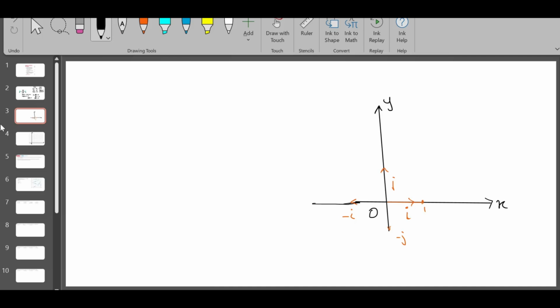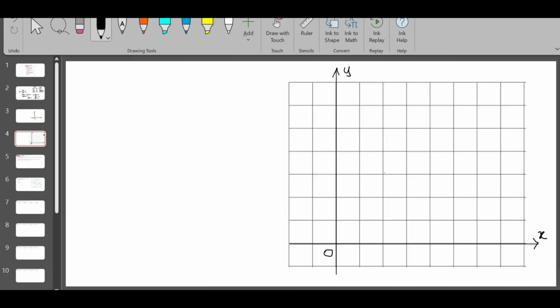For example, here I have taken a grid. Let's say you are given AB vector is equal to, let's say A is here, AB vector is 3i plus 2j. So you need to go 3 units in the positive direction, 1, 2, 3, and 2 units upwards in the y direction.